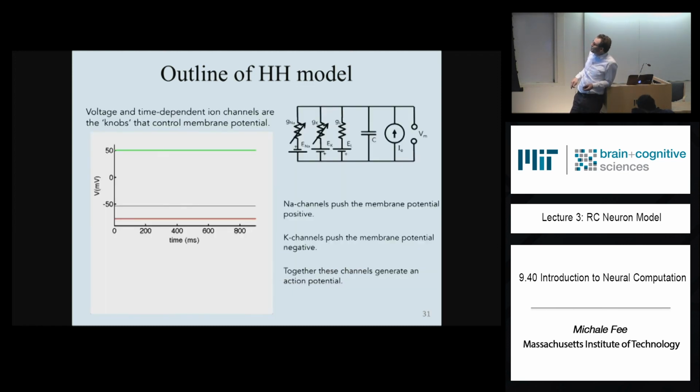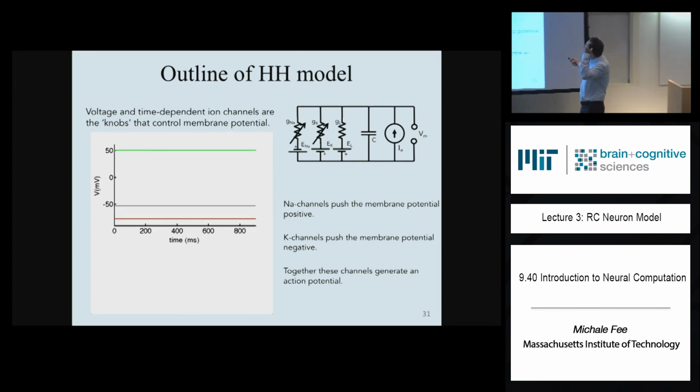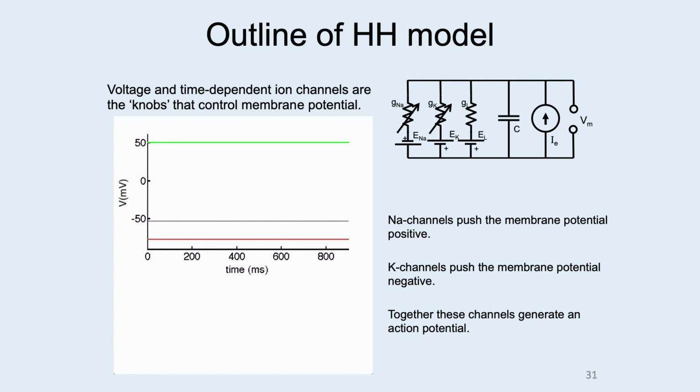Okay. Now, how do these things generate an action potential? That's the next question. Just in principle, how do you think about conductances like this generating action potentials? So let's say that these conductances are 0.